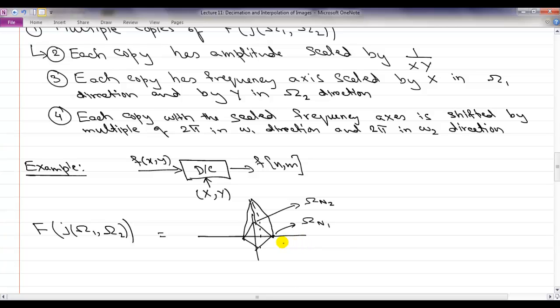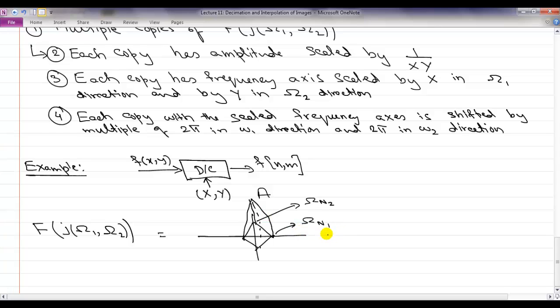And let's say the top part is at height a. So if you want to find out the Fourier transform of f of n, m, you first of all figure out what the main copy looks like, and you just then shift it around.